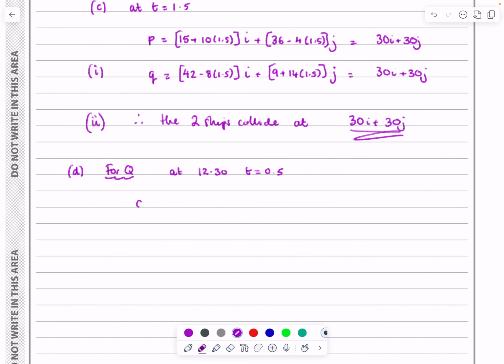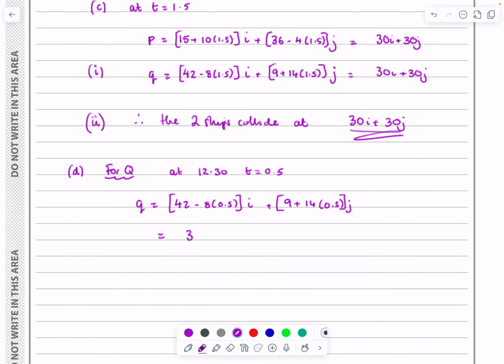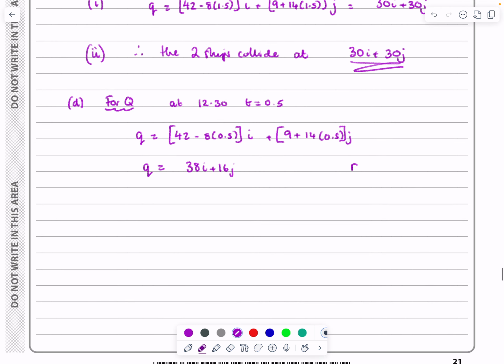If I put that into the current version for Q, so 42 minus 8 lots of 0.5 I, and 9 plus 14 lots of 0.5 J there, we know that it's at 38I plus 16J. So it does that to start off with. That then is my, if I'm doing R equals R0 plus VT, that's going to be my R0 or my Q0 if I'm doing Q equals Q0 plus VT.